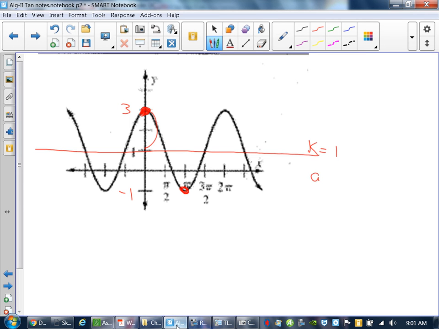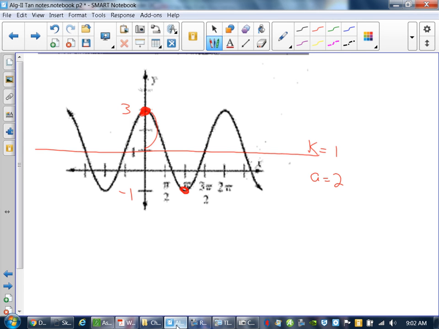So an a value of 2. Cosine starts at your a value, so it goes 2, 0, -2, 0, and 2. But in this case, those have all been shifted upwards. That's why it's 3, 1, -1, 1, and 3 for your full oscillation of cosine.